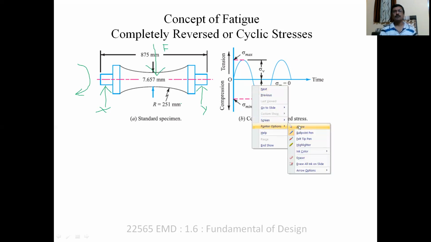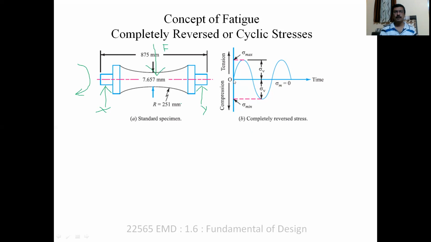Now look at this particular figure. If you start from 0, you will find that it is a curve between stress, tension stress, compression stress and time. As it is rotating, if you take any point on this specimen, it is subjected to maximum tension, again it gets reversed to compression, again it reverses to tension.